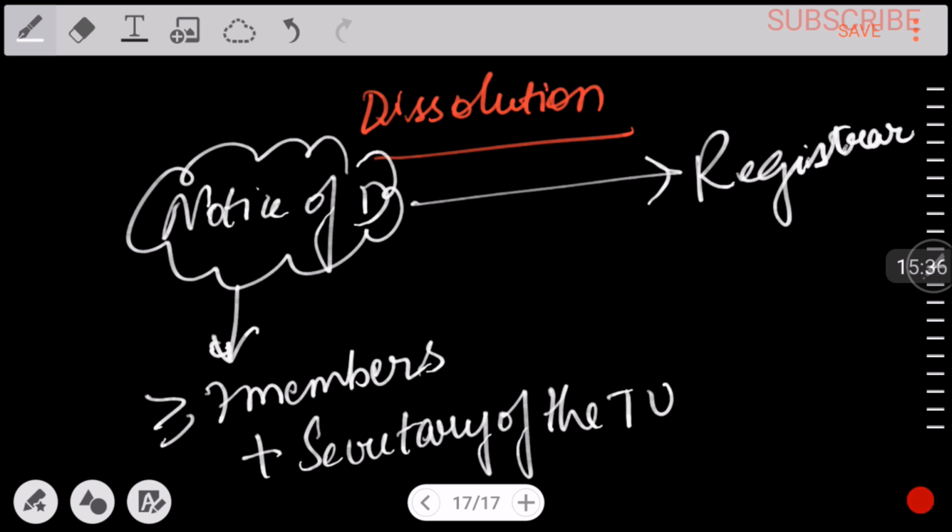This notice shall be sent to the registrar and shall be registered by him.